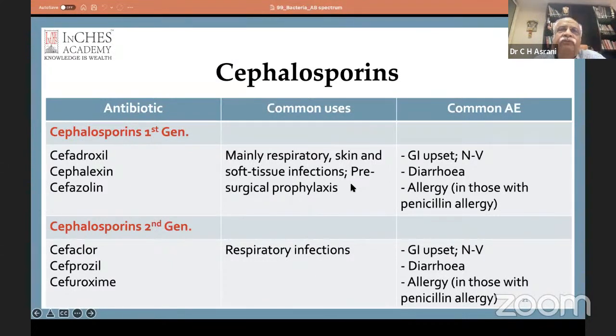Most commonly, before you went for a dental extraction, they'll give you for 2-3 days. Side effects are the same: GI upset, nausea, vomiting, diarrhea, allergy in those allergic to penicillin. Cephalexin we still use at times. Cephadroxil is not freely available.